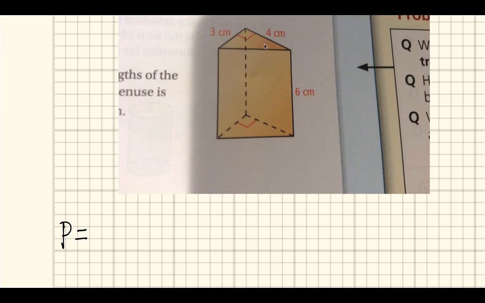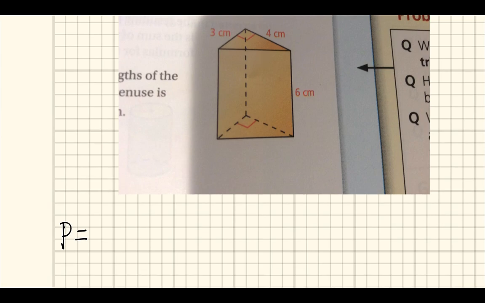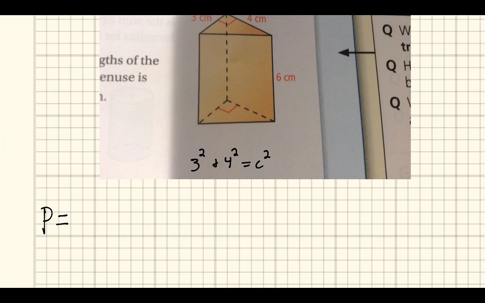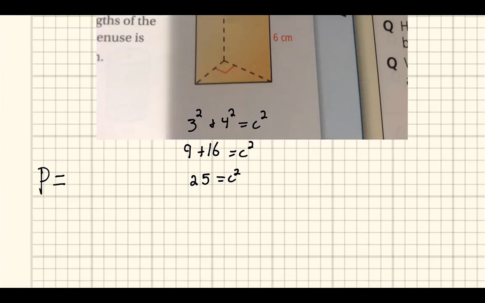However, you can find it since this is a right triangle. You can find that third side using the Pythagorean theorem. So 3 squared plus 4 squared equals c squared. 9 plus 16 equals c squared, so 25 equals c squared.